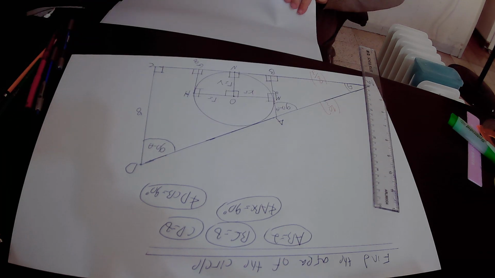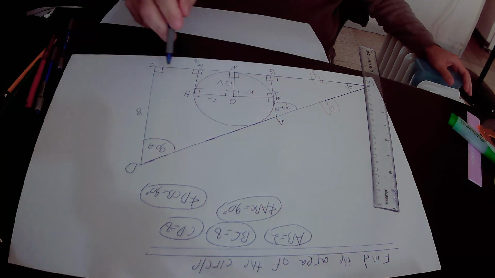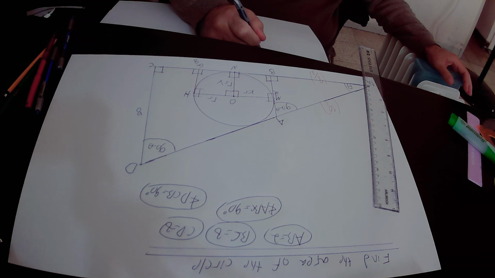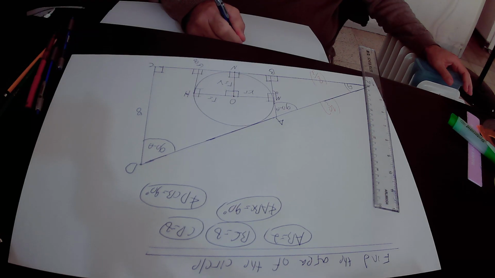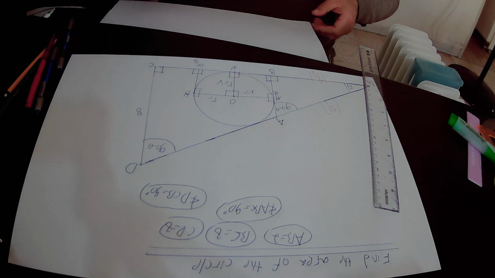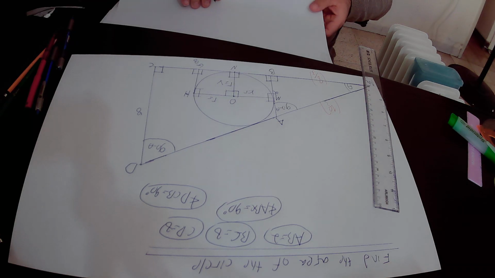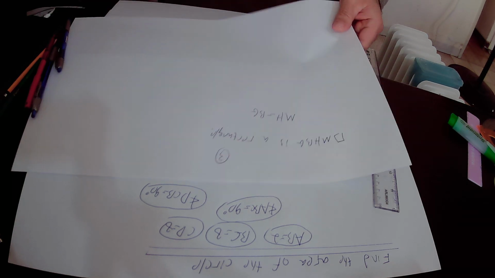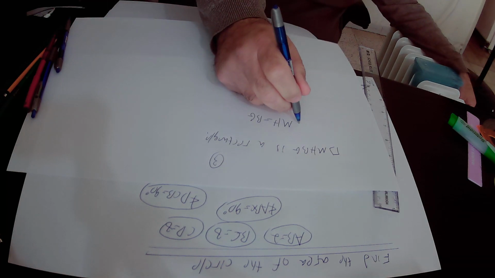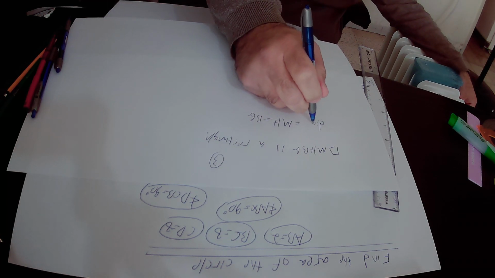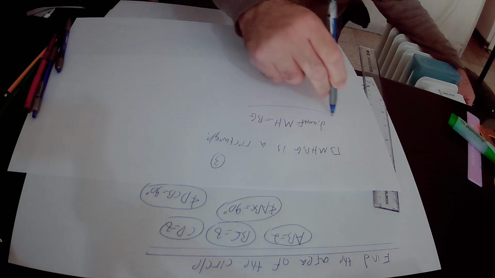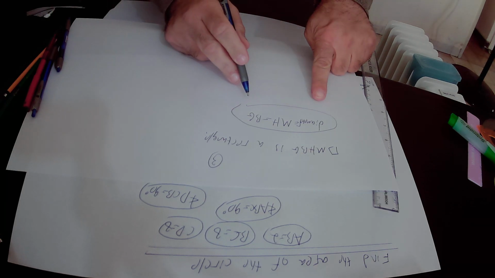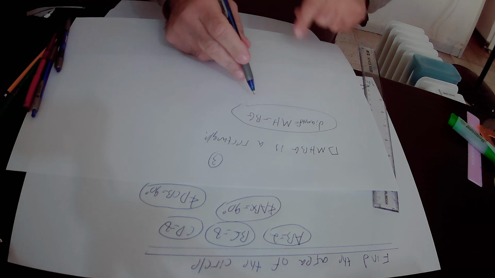The opposite sides of a rectangle are equal to each other. That is to say, side MH equals side BG. Okay, side MH equals side BG. But we have already found out that MH is the diameter of the circle, and from this equation we derive that BG is also the diameter.